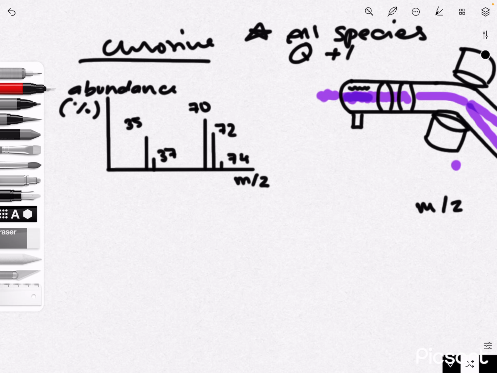By observing the peaks that we see here on this graph, the highest ones being 70, 72, and 35, we can see that the most common forms of chlorine are diatomic chlorine made of two 35s, a diatomic chlorine of a 35 and a 37, and simply chlorine-35.